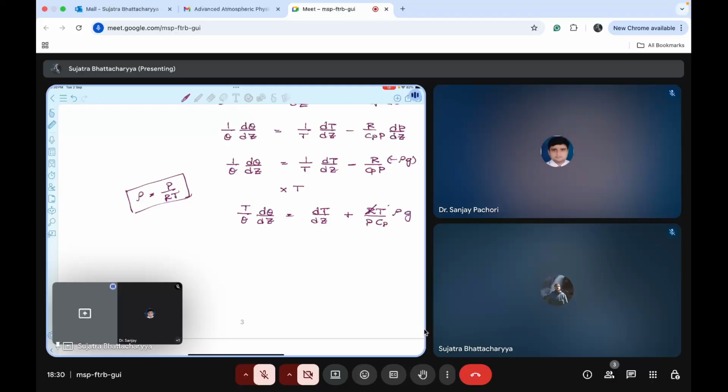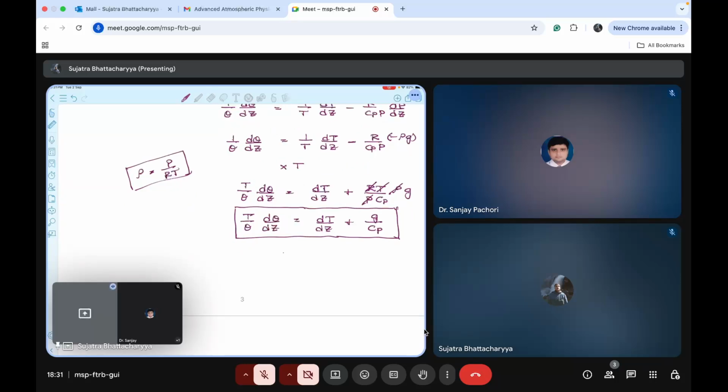So it's R, p, p and rho cancels. So what you get finally? dT dz plus g by Cp is equal to T by theta d theta dz. So what we are getting here is that the change in potential temperature with respect to height is related to this.